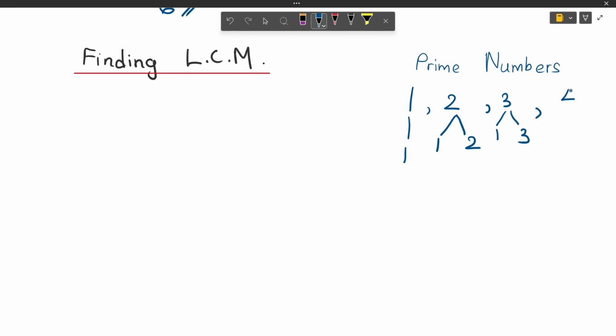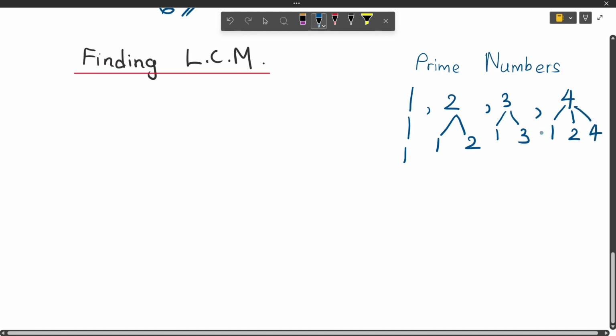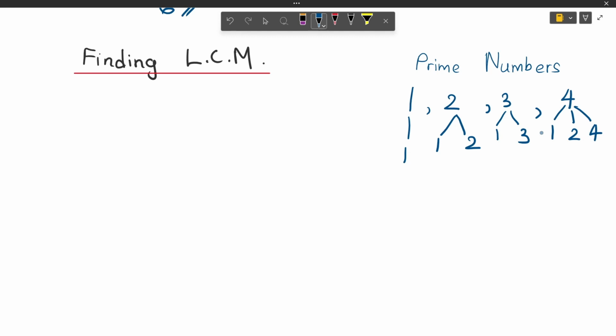Now we can take 4. How many factors does 4 have? 1 is a factor, 2 is a factor, and 4 is also a factor. So 4 has 3 factors.